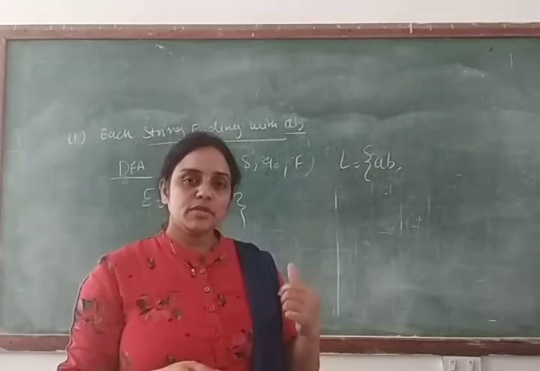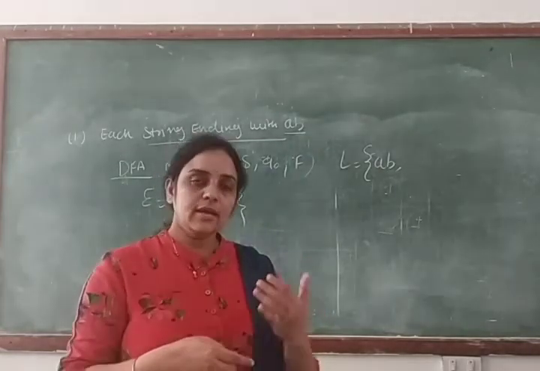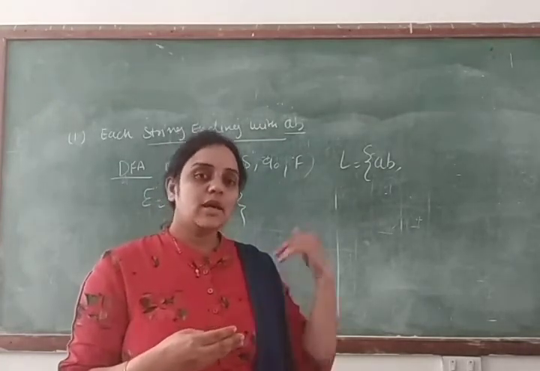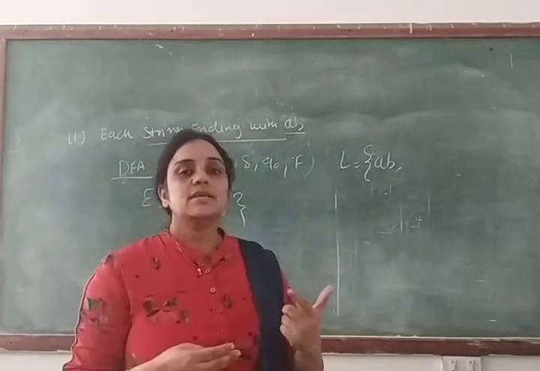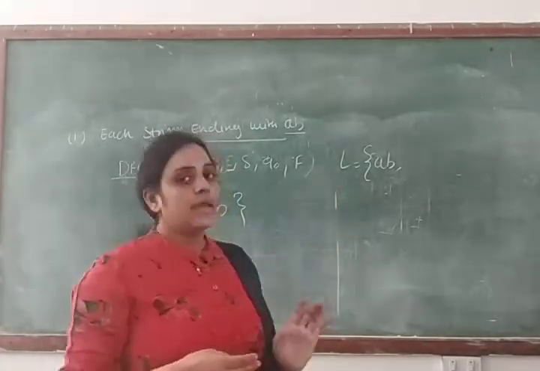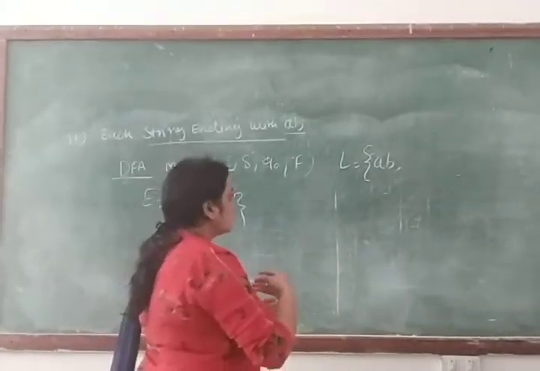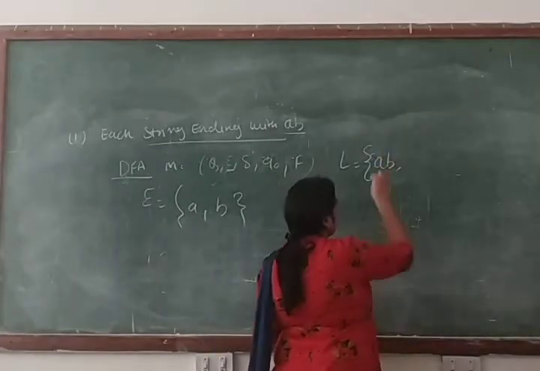We have two input symbols, A and B. If we make the smallest length string according to the condition, the smallest length string we get in our question is small a b. So we will write here AB.